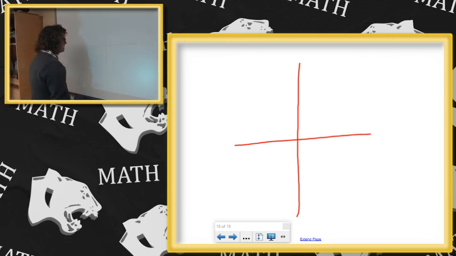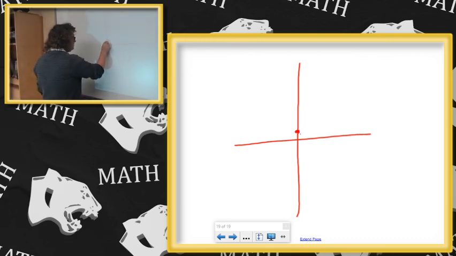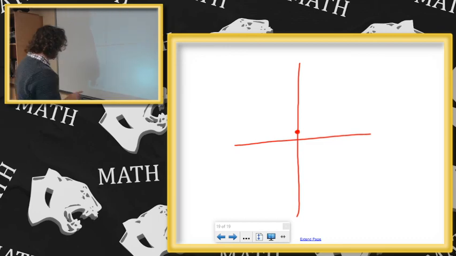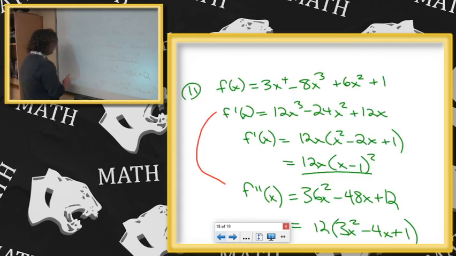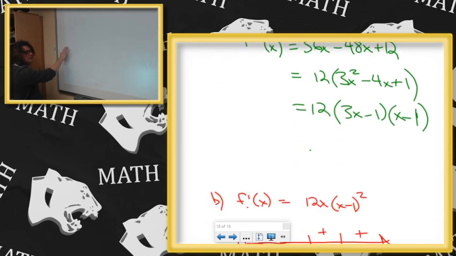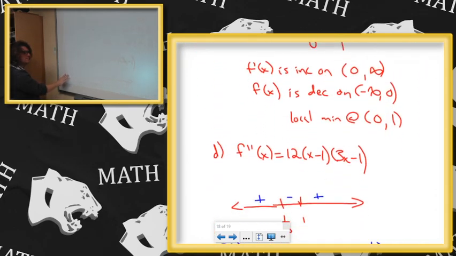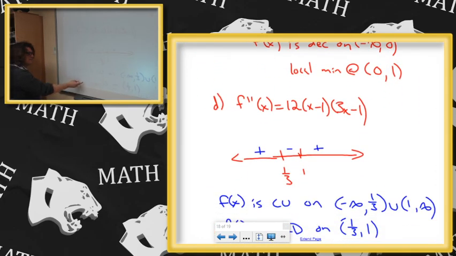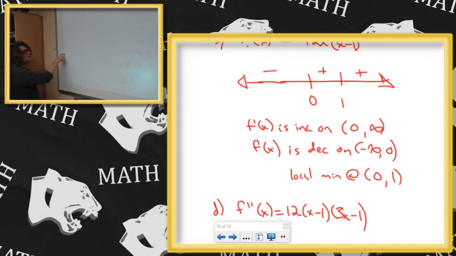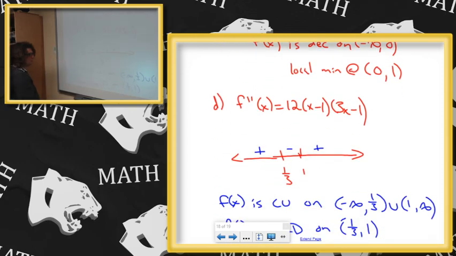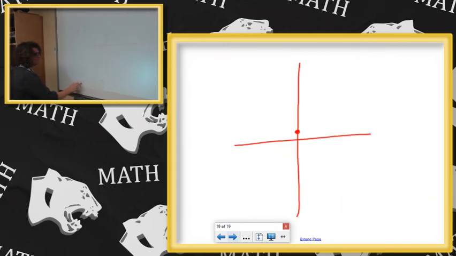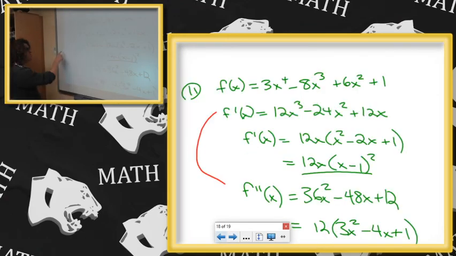We knew that it has a local minimum at 0, 1, and then I think that's what we found, right? I gotta go back to it. My memory's really good. So we found a local min there, yeah. And then we have that funky non-min or max at 1, which we know is an inflection point. And it's concave, what to start with?